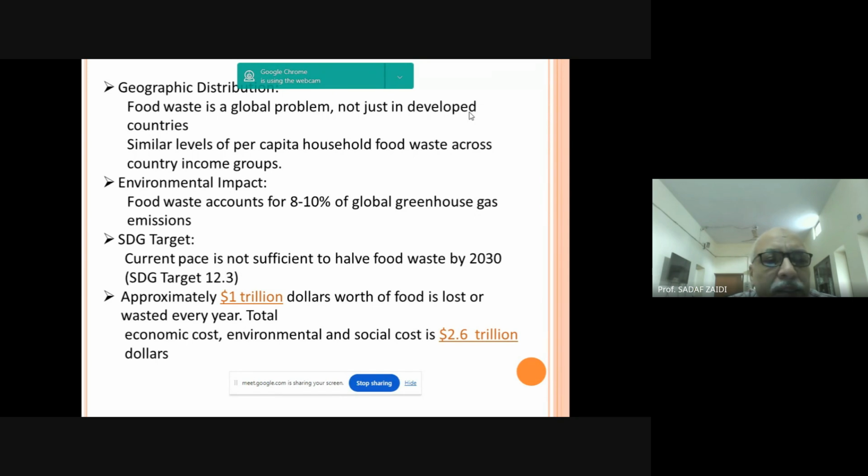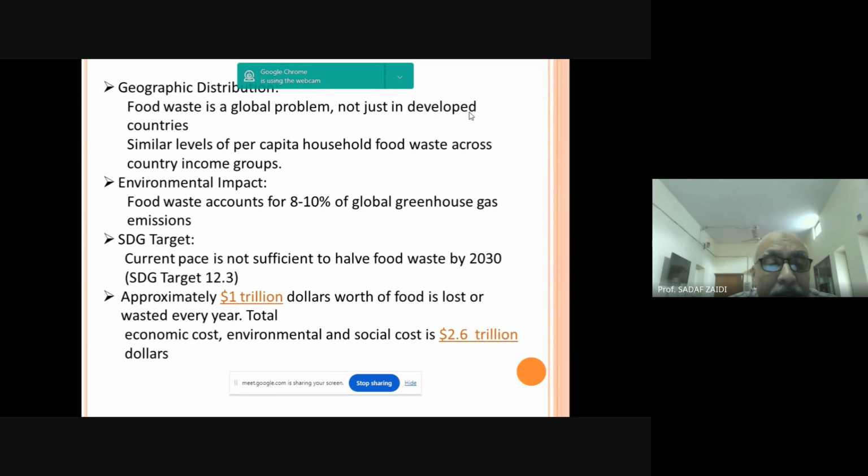If you see the environmental impact, then food waste accounts for 8 to 10% of the global greenhouse gas emissions. That is a very big amount. As I told you, it's equivalent to around 75% of all the cars in terms of carbon dioxide equivalent, that is, around 75% of all the cars emitting their emissions in 1 year in Europe and USA.